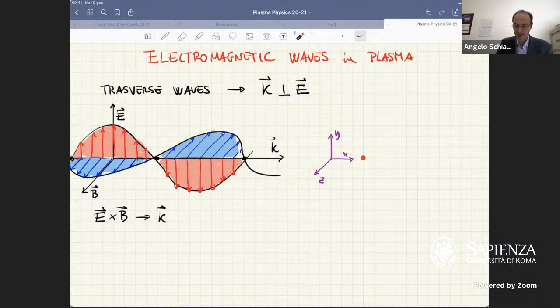So the electron starts moving up and down, and it's not moving along x and z. It's just going up and down along y, and these are localized oscillations, and this motion is called quivering oscillation.